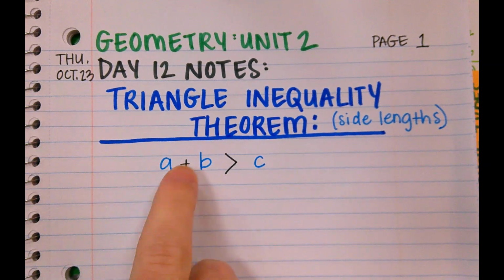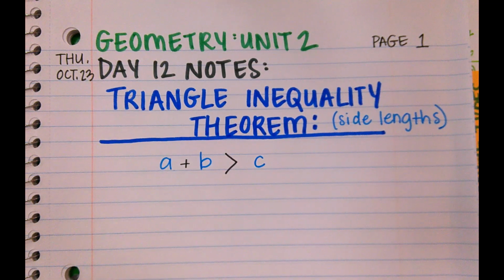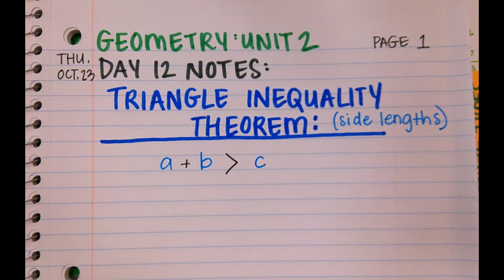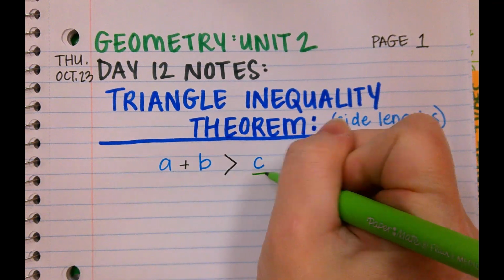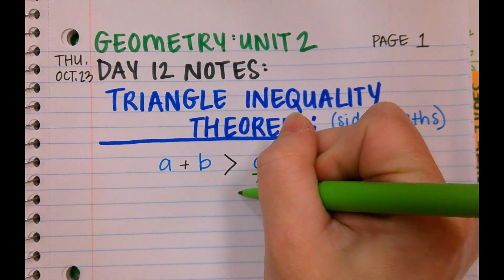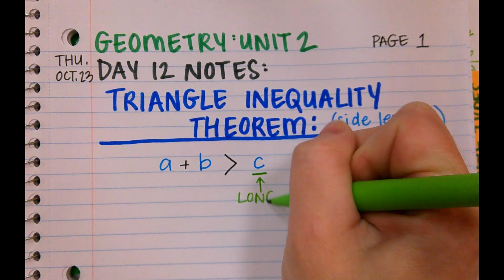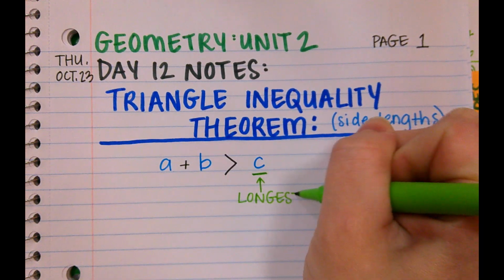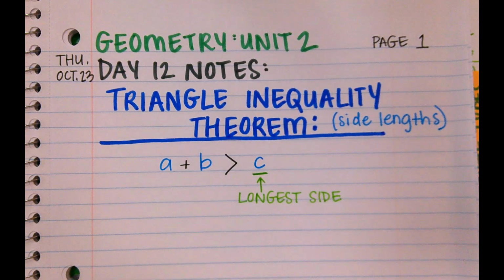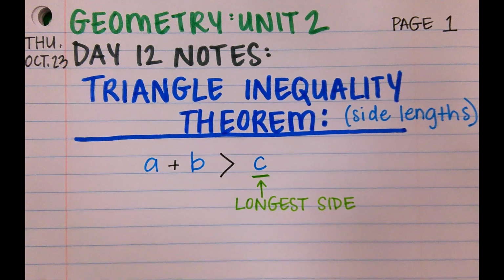And when we use A, B, and C to describe the lengths of sides of a triangle, C is always referring to the longest side. So C is the longest side. And A and B will always be the two shorter sides.